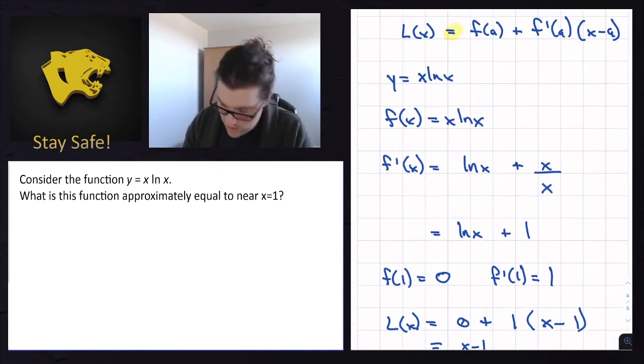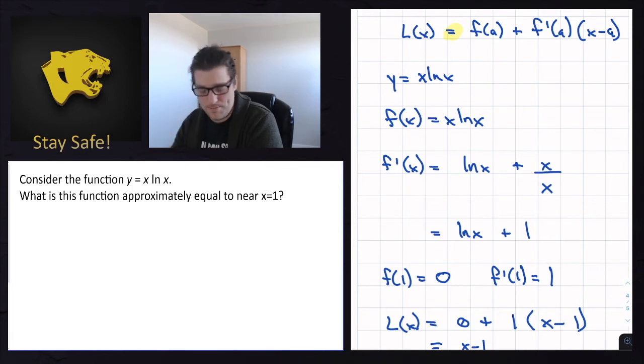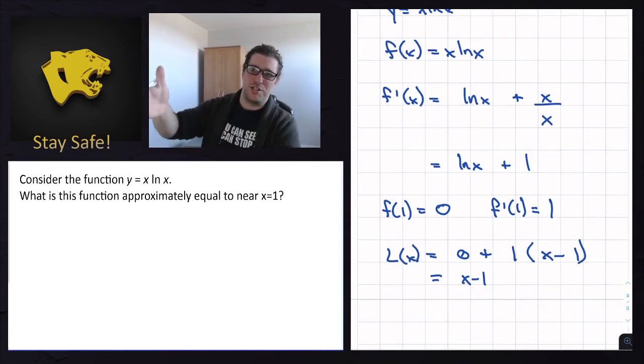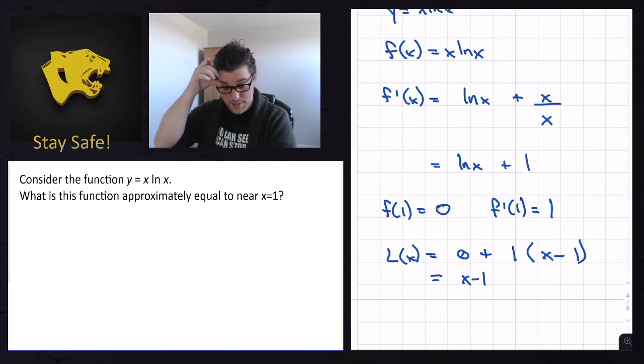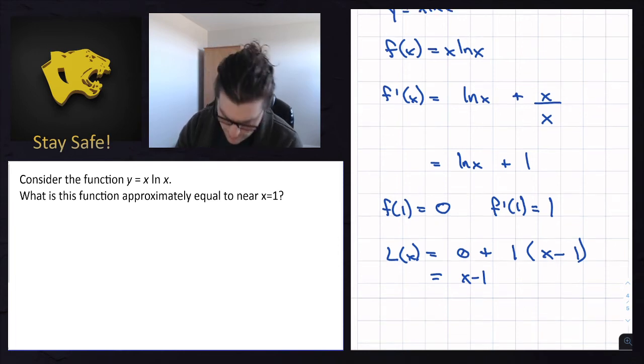That's just part of x minus a, where a this time was not 0, it was 1. So we got the same 0 for the original function and 1 for the slope. So it might seem like it should give you the same result as the linearization for sine x, but it doesn't, and that's okay. So let's go ahead and attempt to evaluate this at 1.2, for instance.